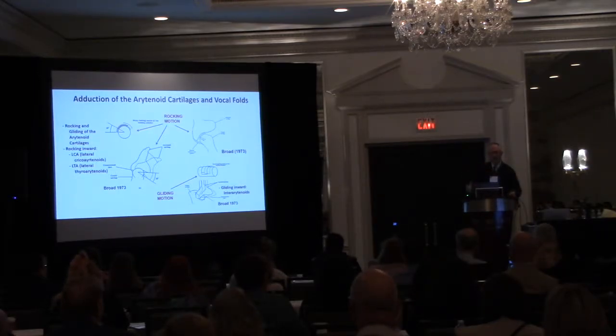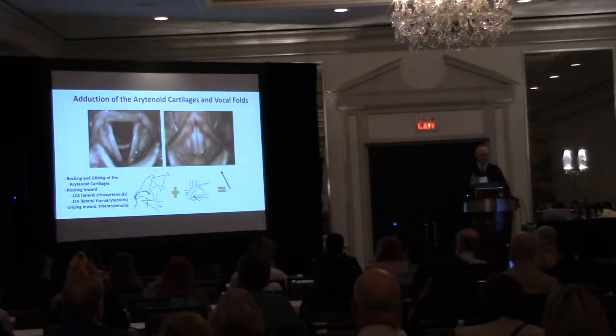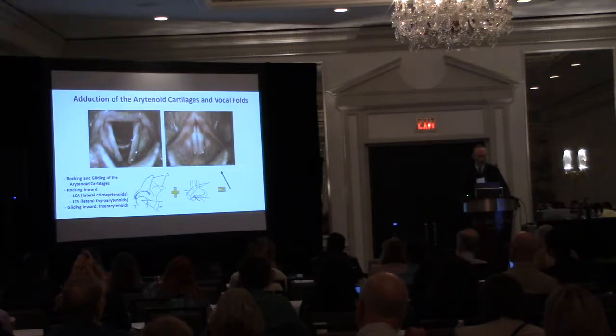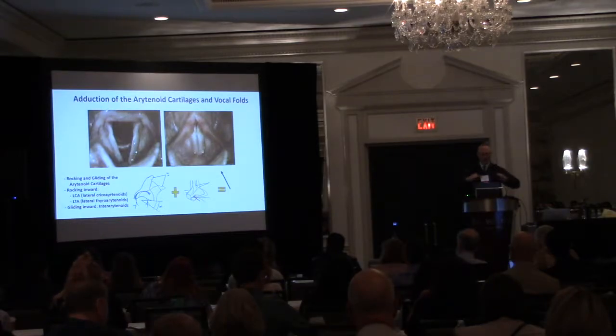So if you combine these two motions of rocking down and in and gliding up and in, if you look at the vocal processes, here is a vocal process here and there, what happens is they kind of compensate for each other. As they're coming down and in, they're also going up and in.